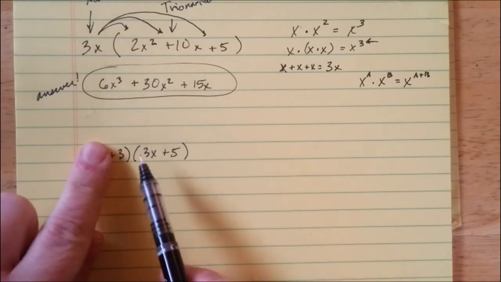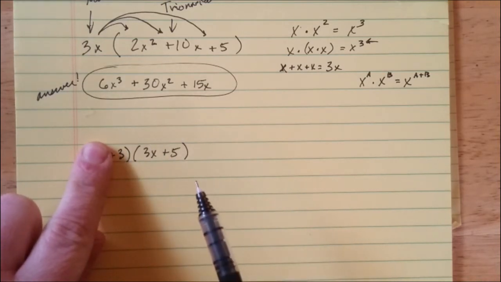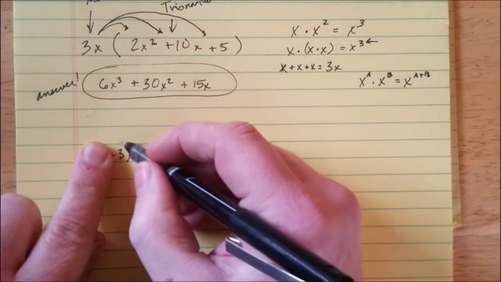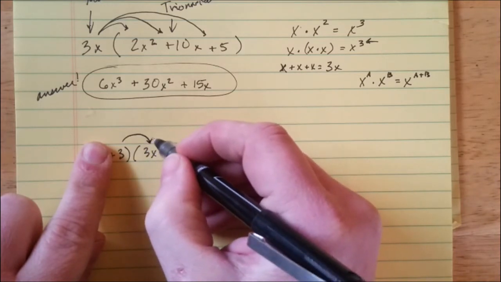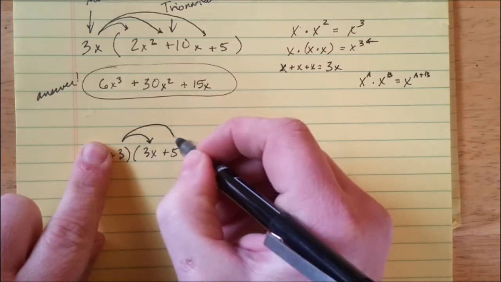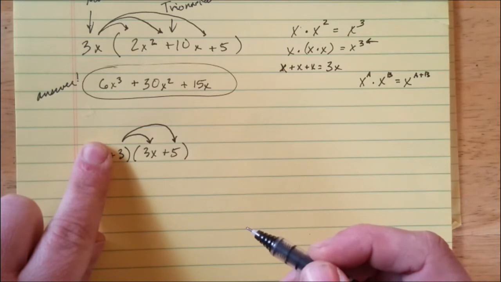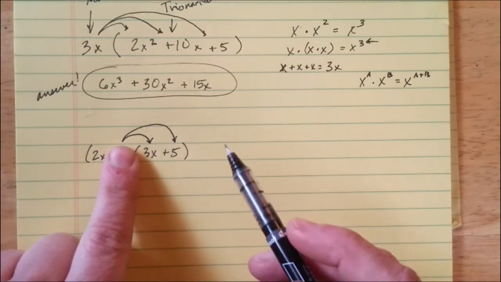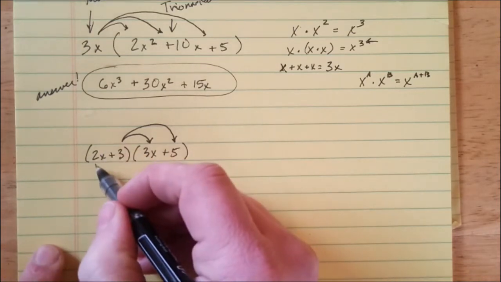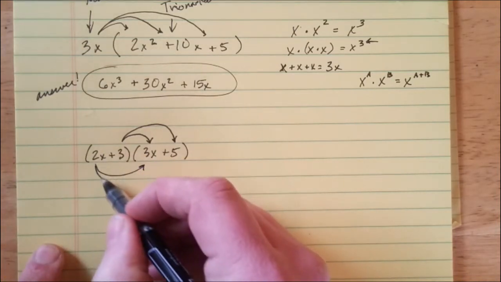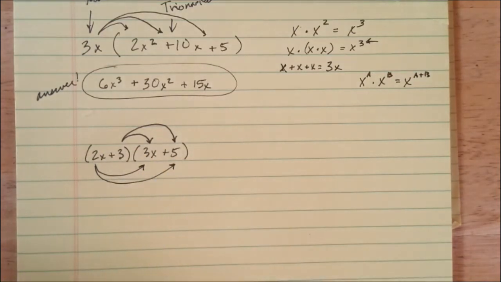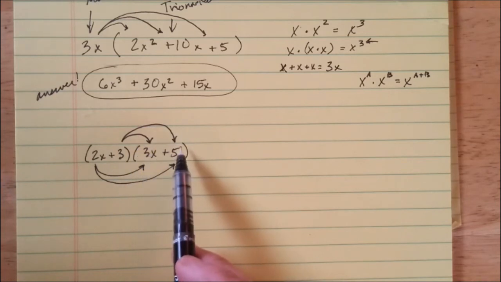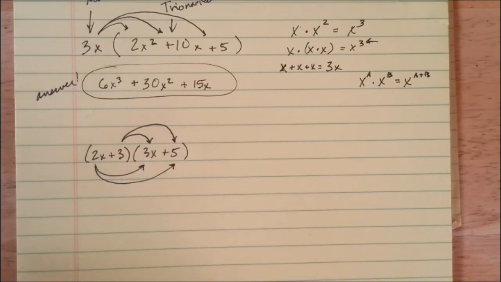If we just had this monomial times that binomial, I think you can all agree that we would distribute. Well, what if it was just this monomial times that binomial? Again, I think you'd agree we would distribute. And that's exactly what we're going to do. It's a double distribution. This has to get multiplied to everything, and this has to get multiplied to everything.